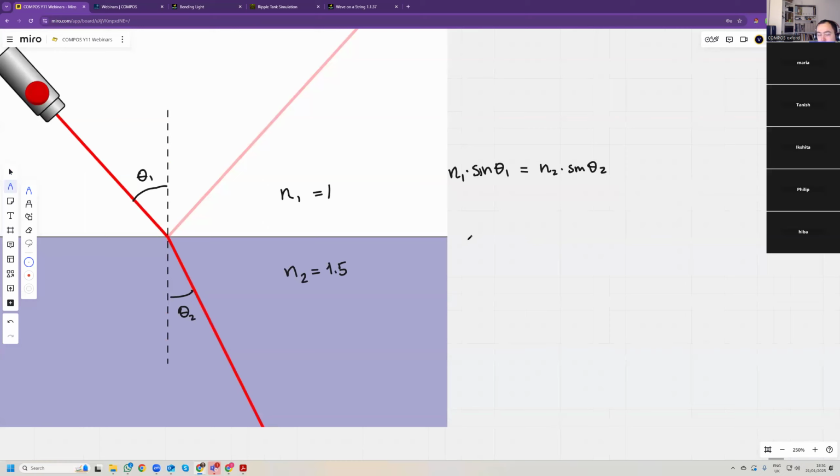That's Snell's law of refraction. And so sine θ1 divided by sine θ2 must equal n2 over n1. In this particular case, this is 1.5 divided by 1.